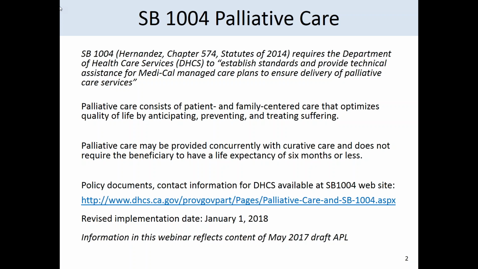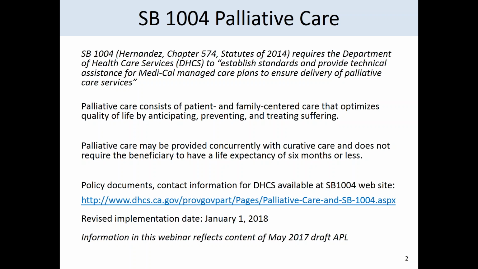Palliative care, as defined in this law, is patient and family-centered care that optimizes quality of life by anticipating, preventing, and treating suffering. It may be provided concurrently with curative care and does not require the beneficiary to have a life expectancy of 6 months or less.